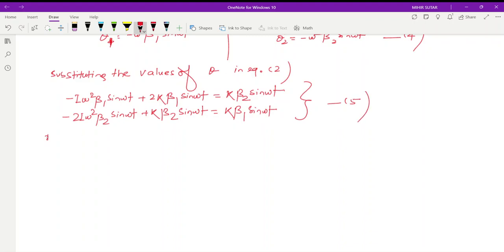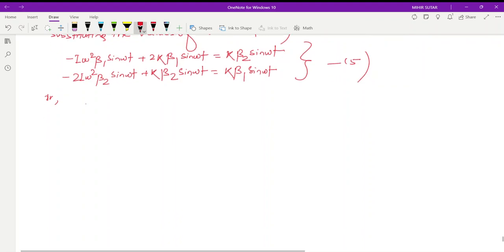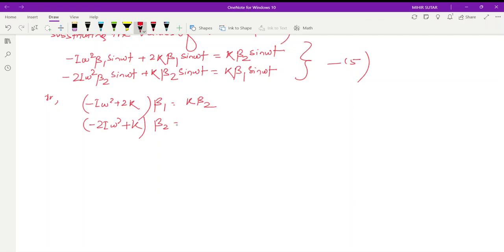So to further simplify this, we'll have (minus I omega square plus 2k) beta1 is equal to k beta2, and (minus 2I omega square plus k) beta2 is equal to k beta1, right? Let's say this is equation 6.